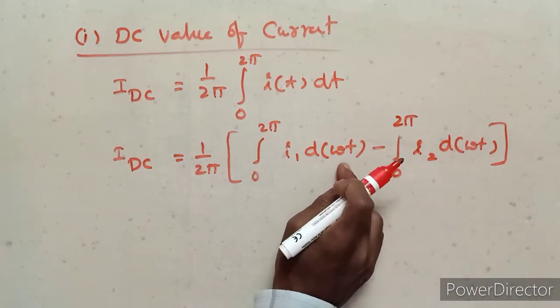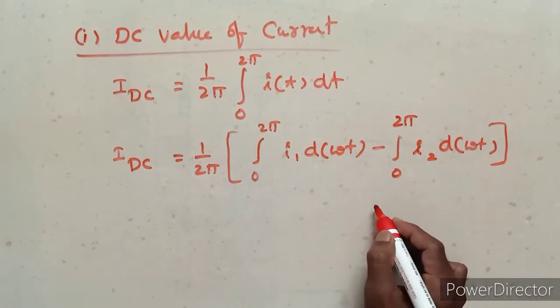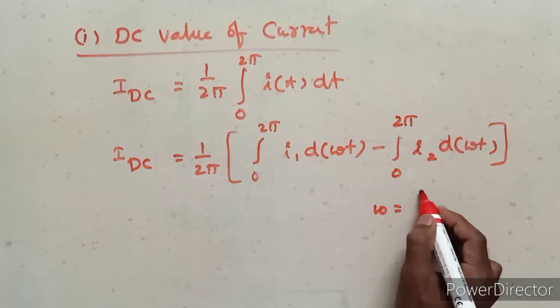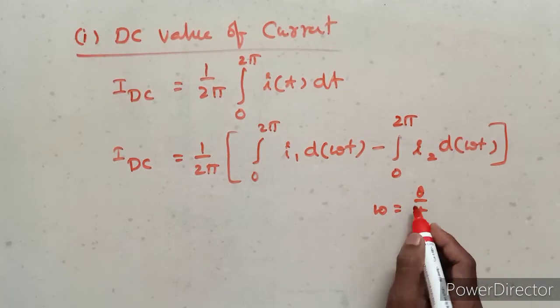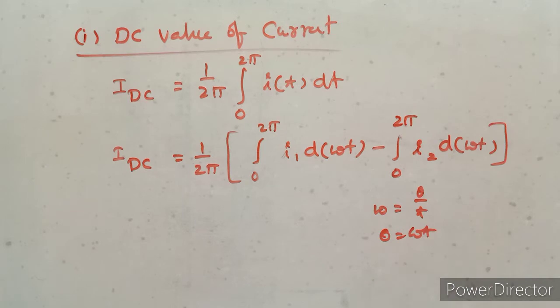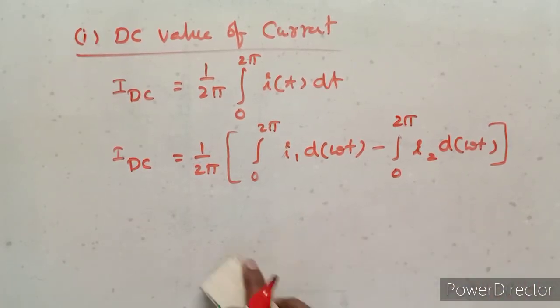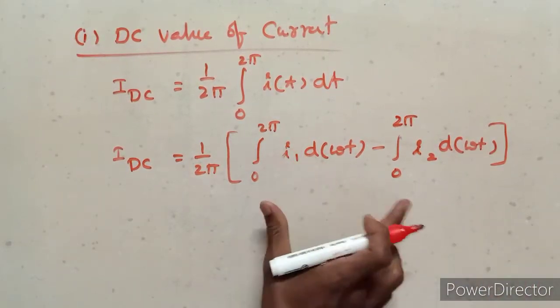Here theta equals omega t, where omega is the angular position by time. So this is the formula.